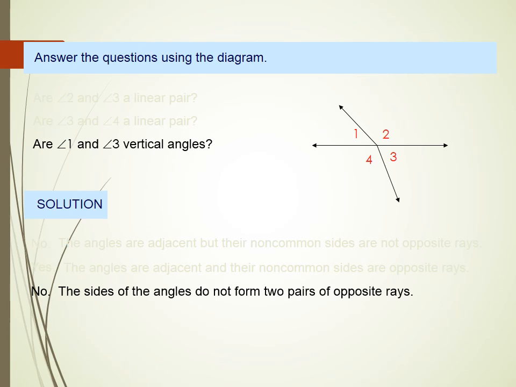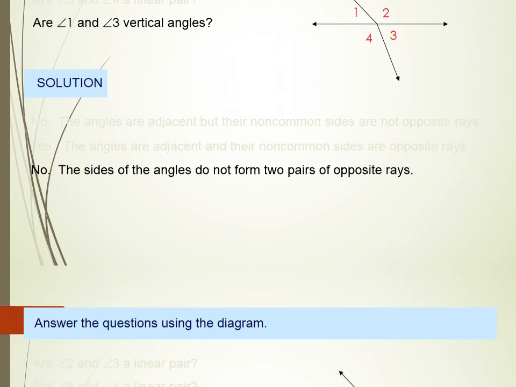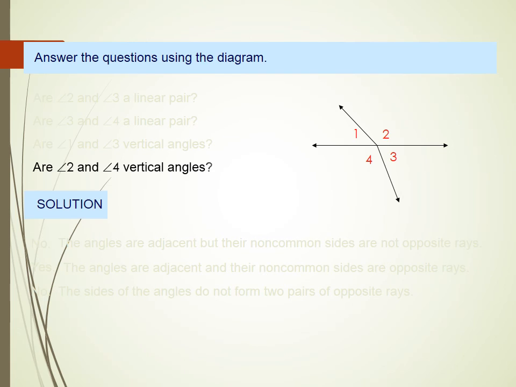No! Remember, it still has to be opposite rays. That one next to the 1 and the 2 is crooked. No! Same reason. The one next to the 1 and 2 is crooked. Has to be opposite rays. Can't have crooked.